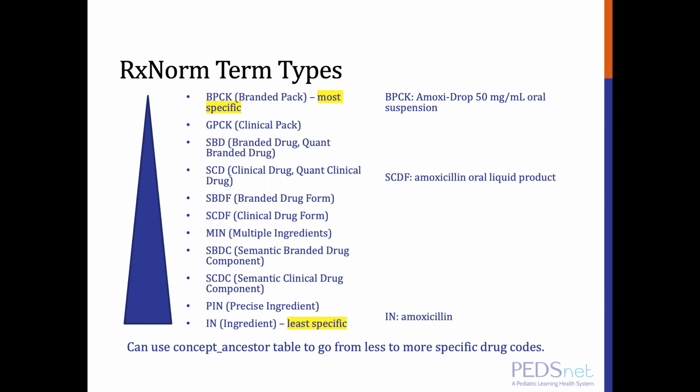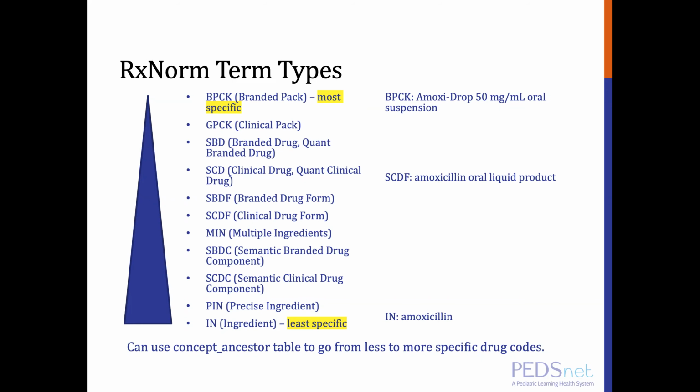I often will also use some string matching on the generic name. It will not necessarily get you the brand names, but it will help you get all of the codes that have the keyword here, amoxicillin, in them, just in case.